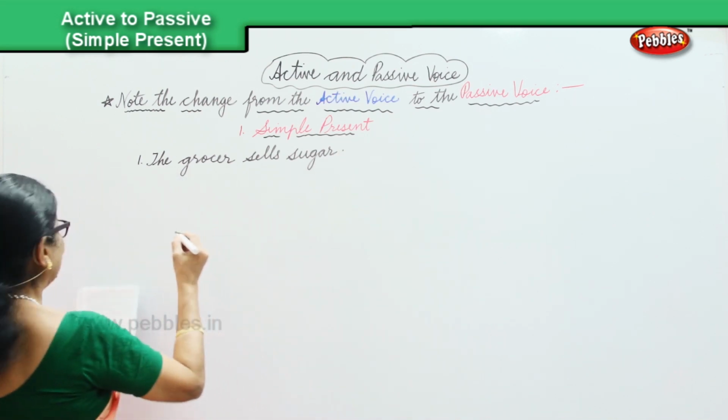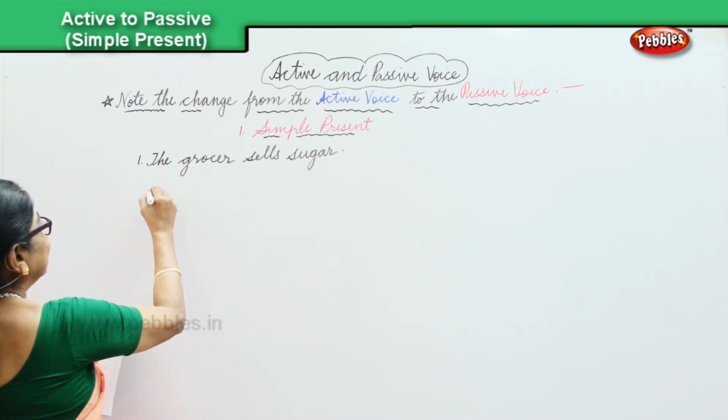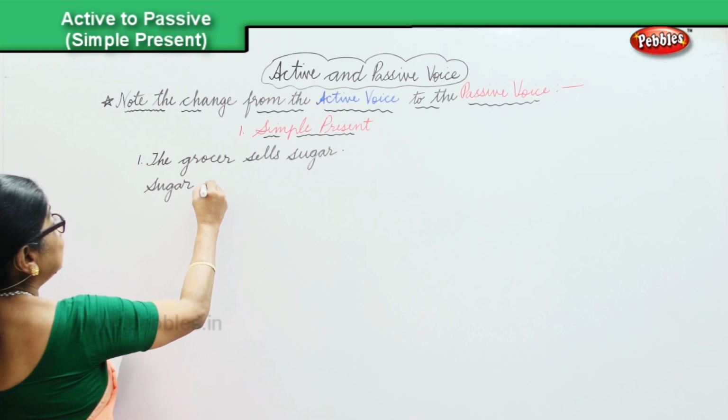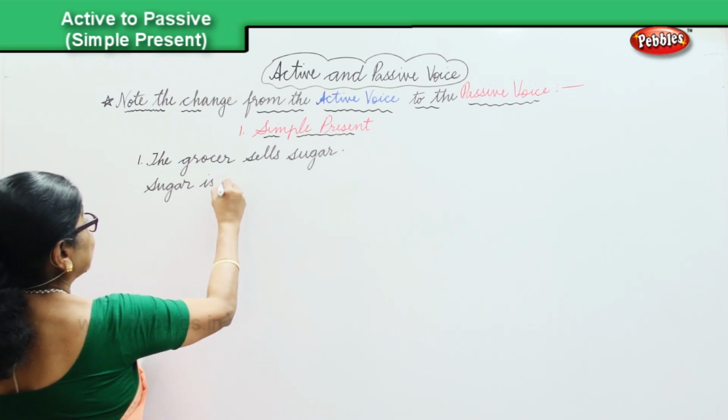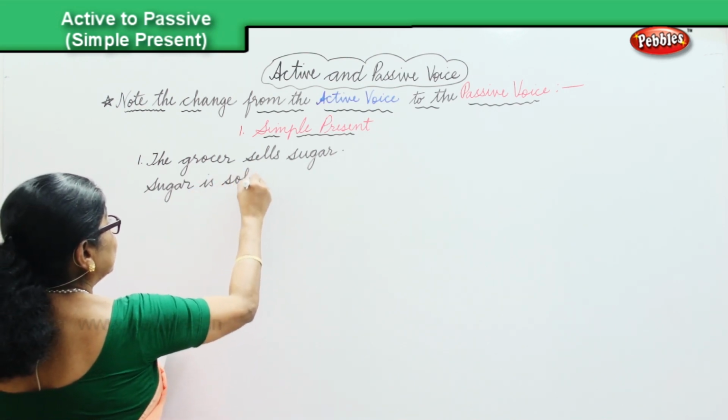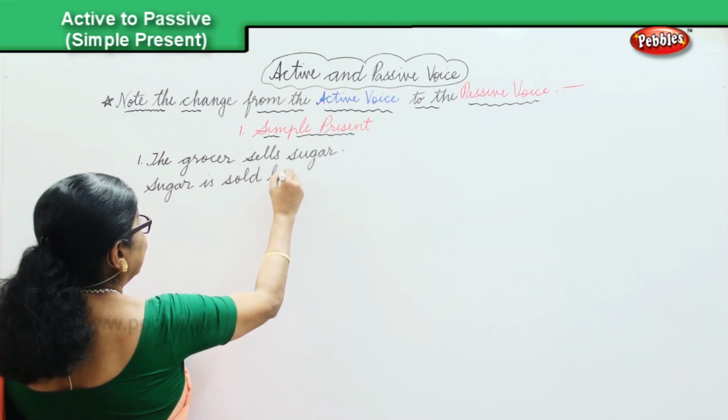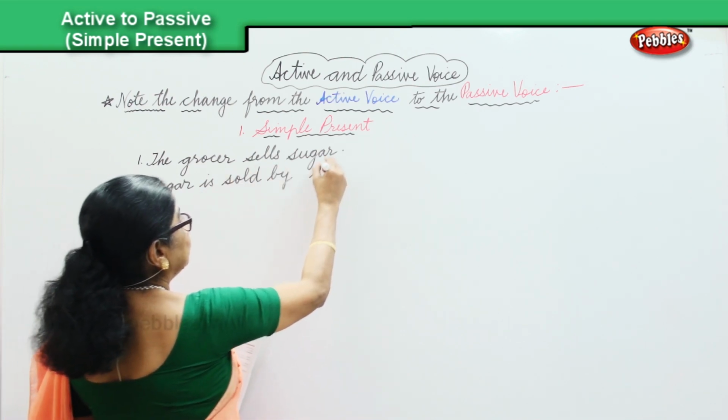In the same sentence we have the passive, sugar is sold by the grocer.